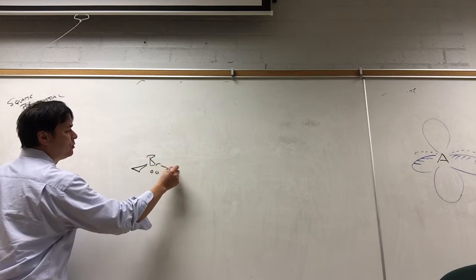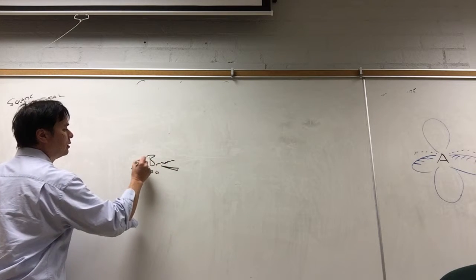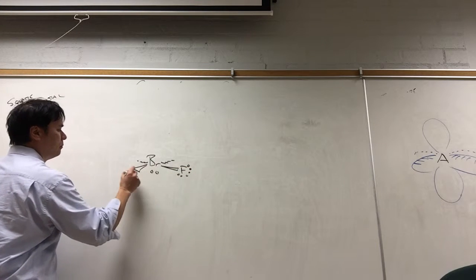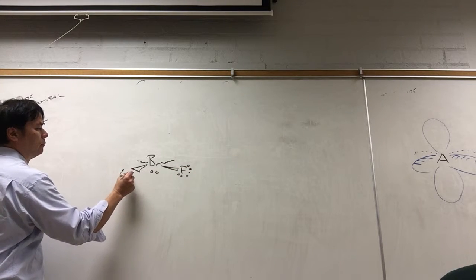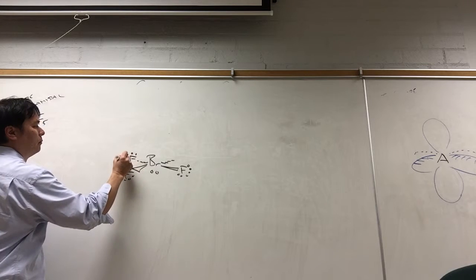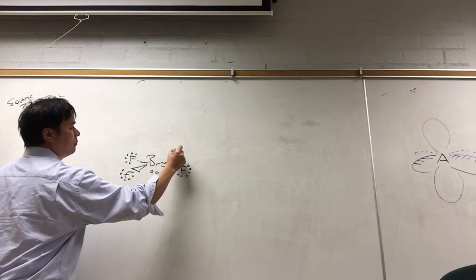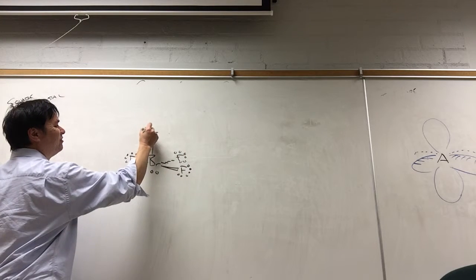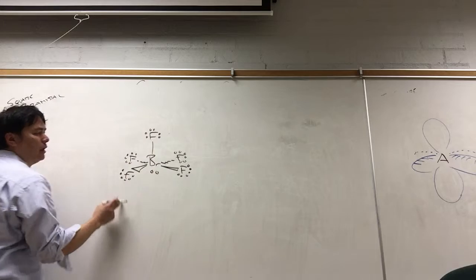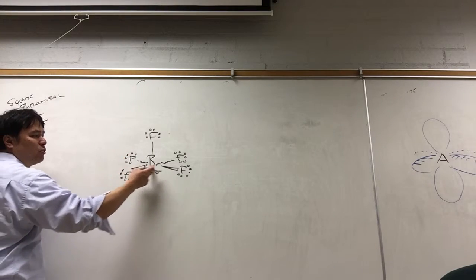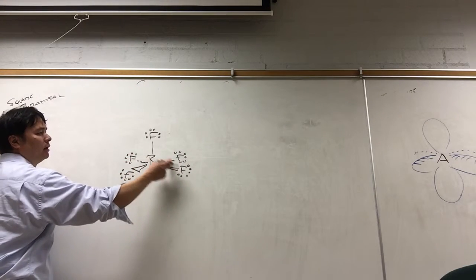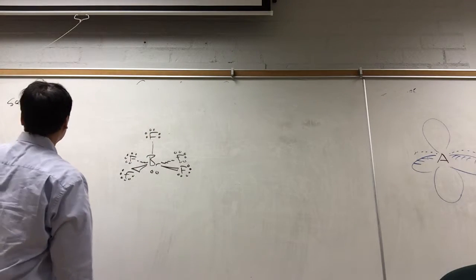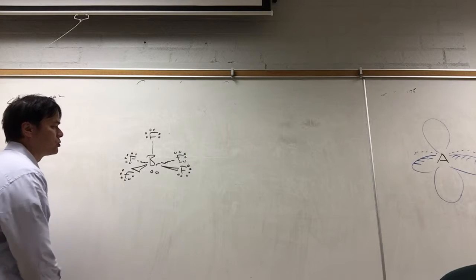That leaves these four in the plane here, like this, and then one sticking up here. If you look at the shape of this, there's a square plane here, and then this apex. It looks like a square pyramid, and that's what it's called, square pyramidal.